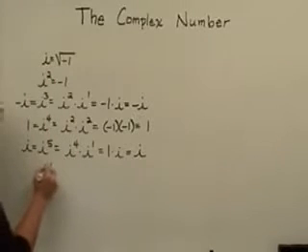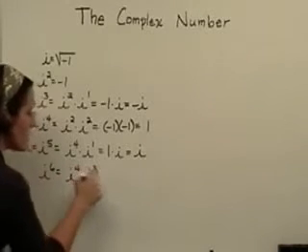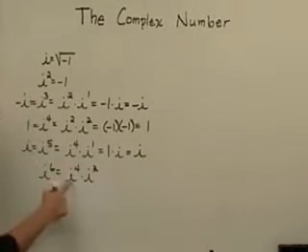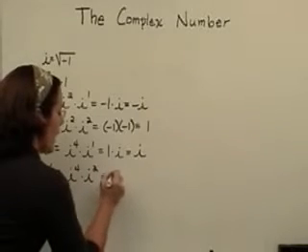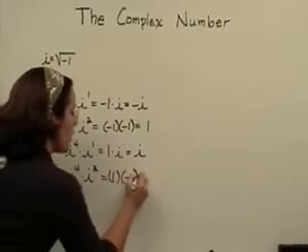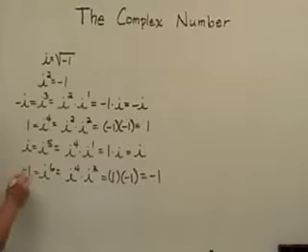And i to the sixth, I would write as i to the fourth times i to the second, because those exponents add to be 6. This is equal to 1, and i to the second is equal to a negative 1. So i to the sixth is equal to a negative 1.